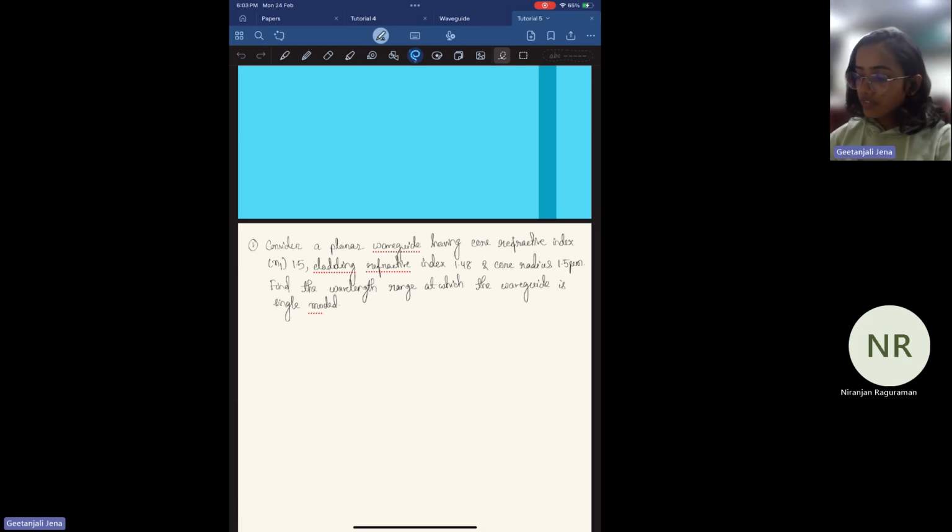Okay. So the first question. In this week we have gone through the planar symmetric waveguide, and we have tried to solve what the different types of modes supported by this planar waveguide are, as well as the wave equation, the propagation constant, and how it depends on the V parameter.